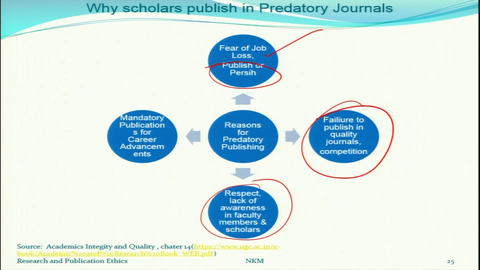Here we see they don't respect research ethics, and sometimes there is a lack of information and awareness in faculty members and scholars. They simply want publications as soon as possible. They don't check information, they don't investigate the quality of the journals, and they go for the publication.